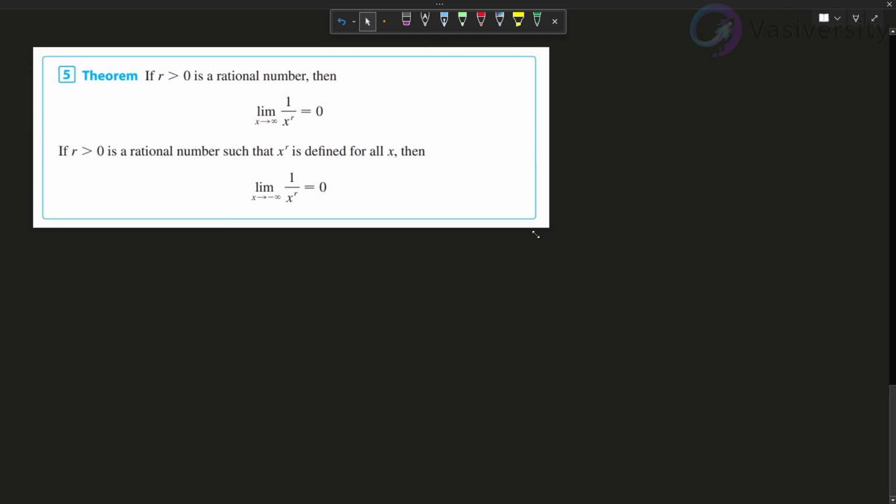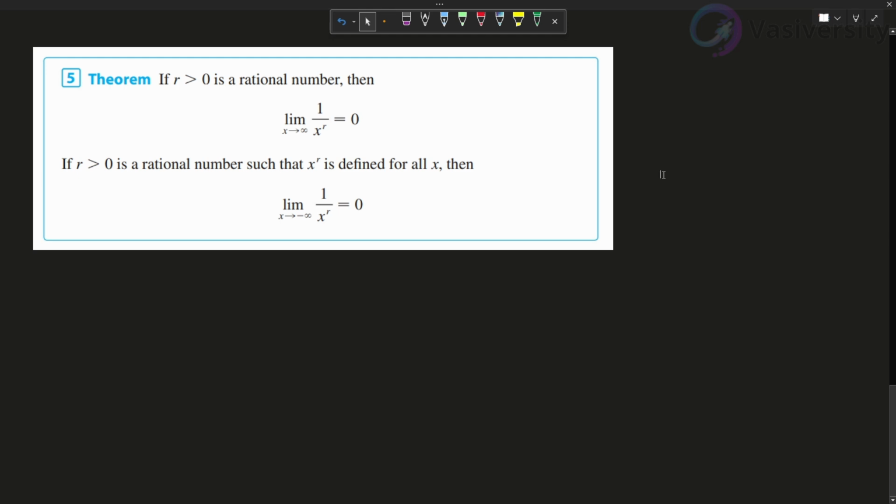If r is greater than 0, so if the power of x is greater than 0 and it's a rational number, then the limit of 1 over x to the power of r as x approaches infinity is equal to 0. And if r is greater than 0 and is a rational number such that x to the r is defined for all x, then 1 over x to the power of r as x approaches negative infinity also approaches 0. So 0 will be the horizontal asymptote for this kind of function, for the hyperbolas.